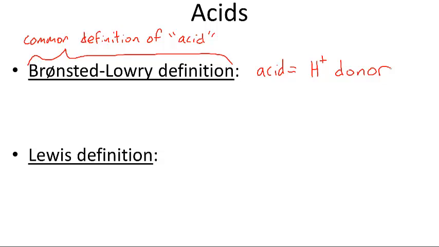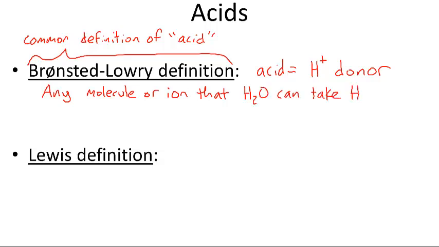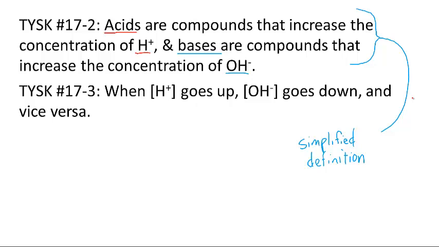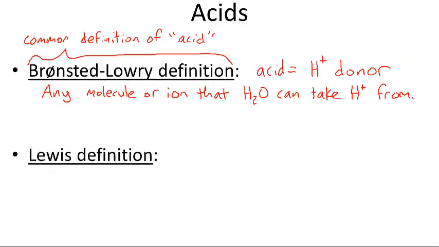And the acid gives over H plus. So there's just a direct correlation. A Bronsted-Lowry acid automatically increases the concentration of H plus because it's actually just giving H plus away to water.